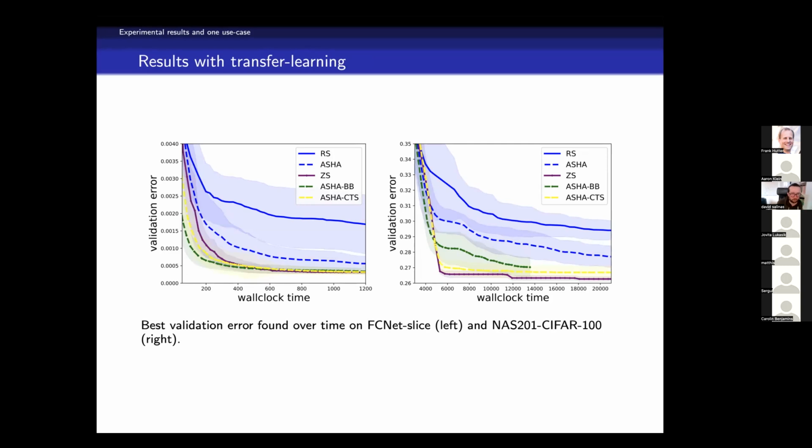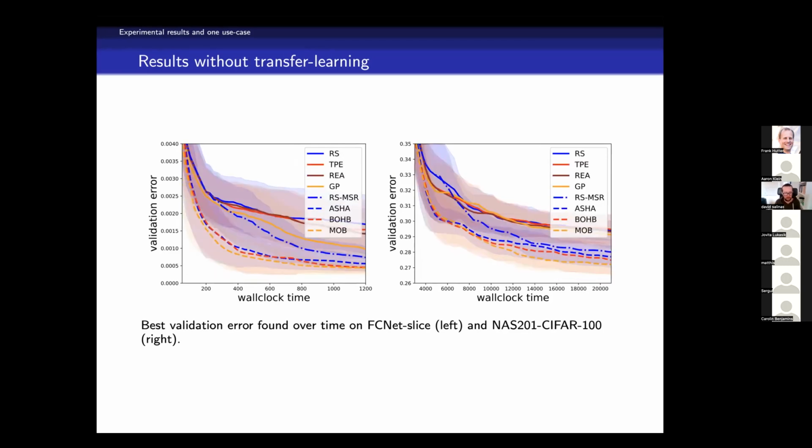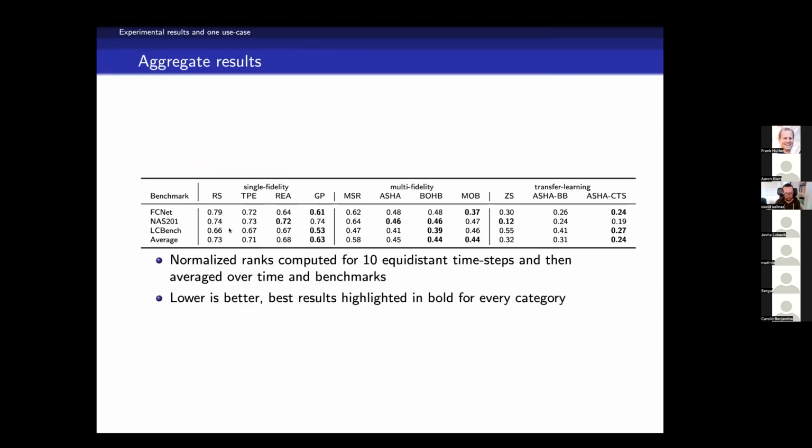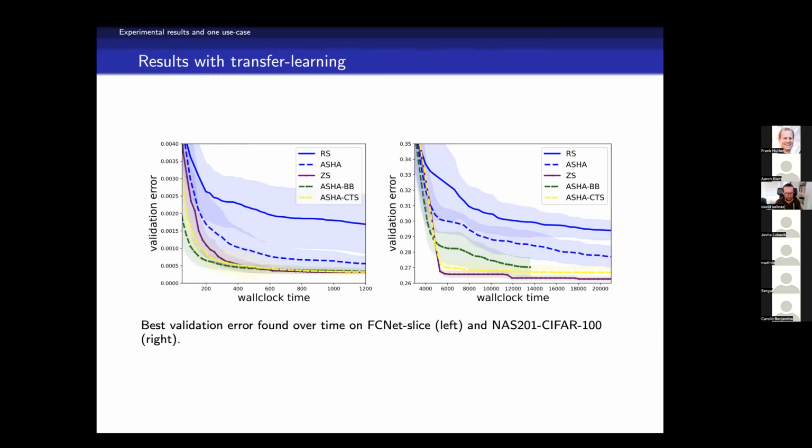Okay, so when you compare with transfer learning, here we just compare with random search and ASHA. It's the same result from random search and ASHA, but we just select those methods so as not to overload the plot.